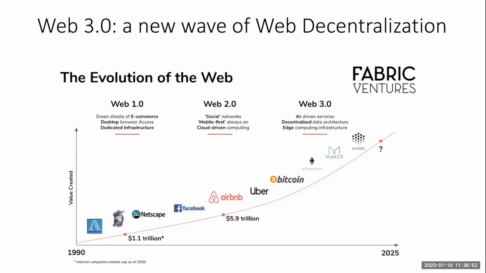So we don't know where we are going, right? But basically the idea is that there is a new wave of decentralization that has been introduced through Bitcoin and cryptocurrencies, right? I'm not selling that, but it's just a fact.